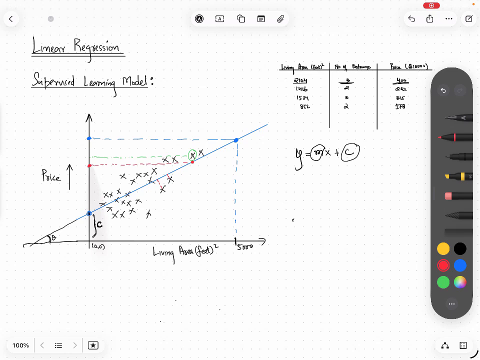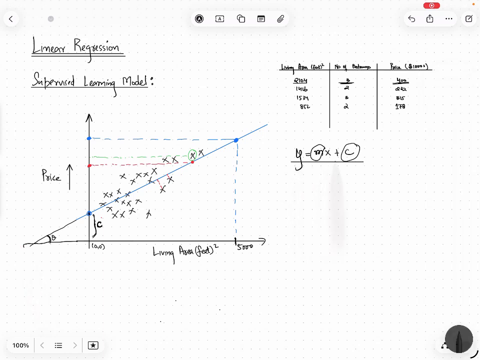This will be our predicted price, but it's slightly off from the actual price. That means this line will give us the predicted prices of the houses with less errors. As you can see, this is a linear equation, and hence the name linear regression, because the relationship is linear and the predicted prices are continuous.